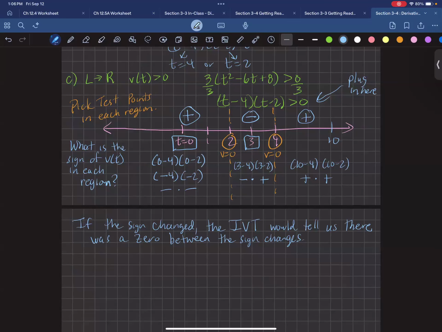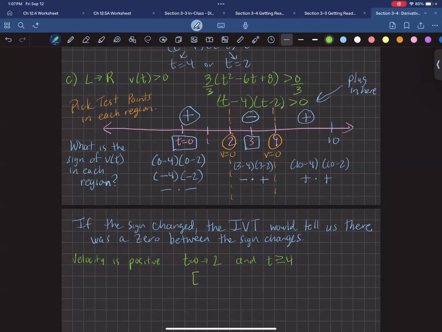So the velocity is positive from t equals 0. It started at 0 to 2 and 4 onward. T is greater than or equal to 4.